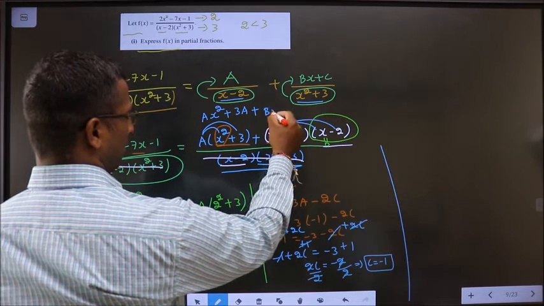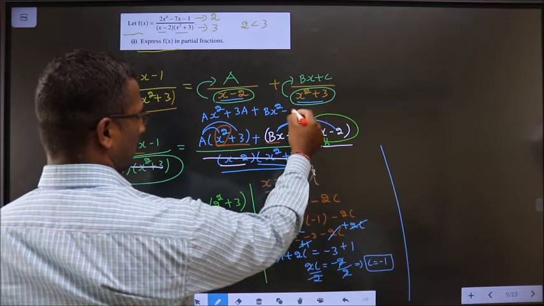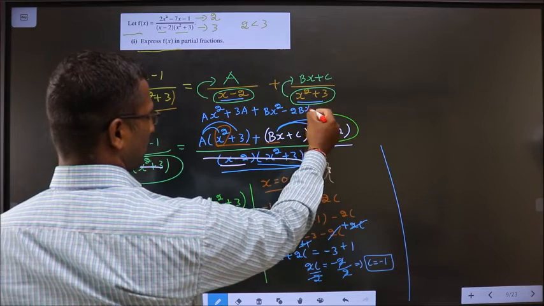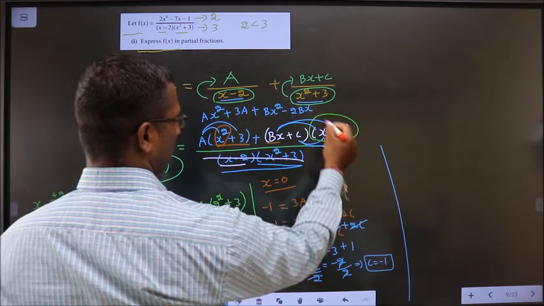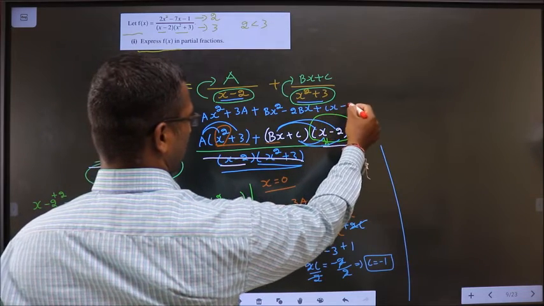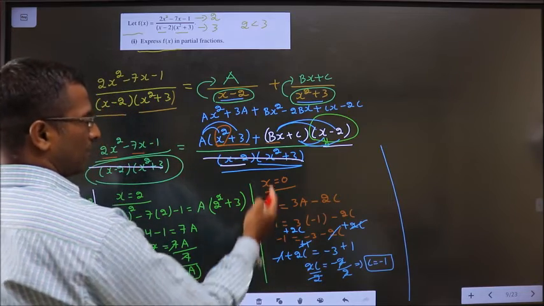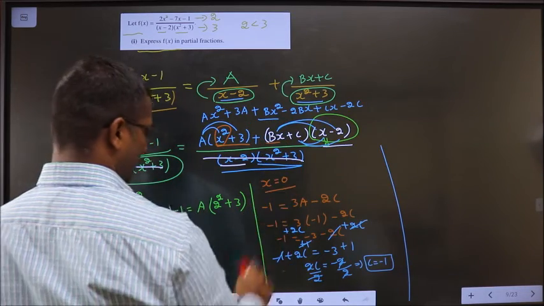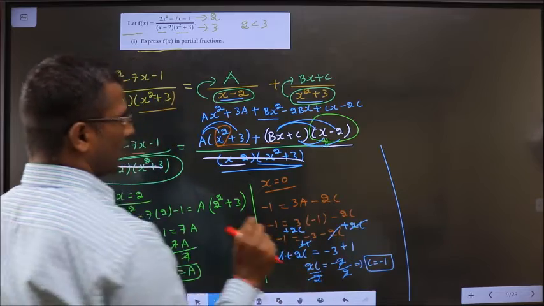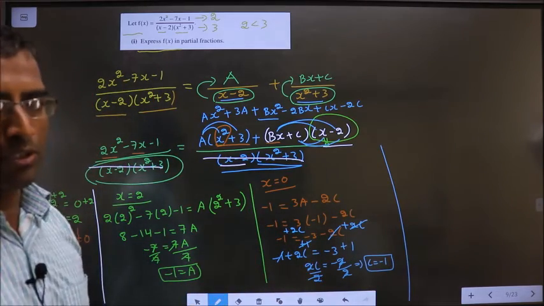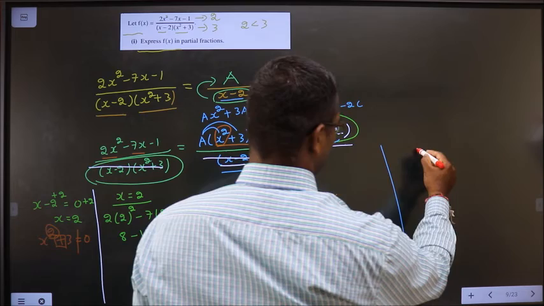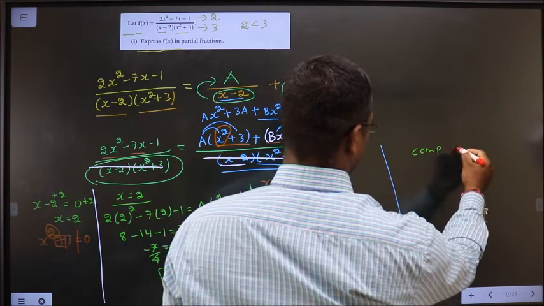So what do I get? bx square minus 2bx, next with c, plus cx minus 2c. Okay, now we have to get b. So let us compare x square coefficients on both sides. So write that, comparing x square.